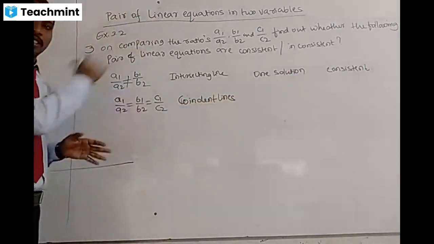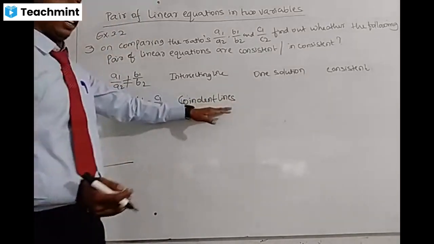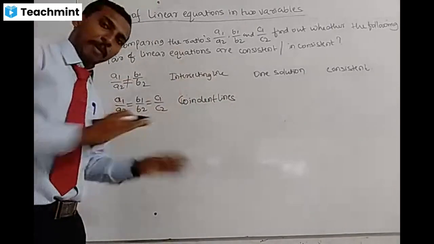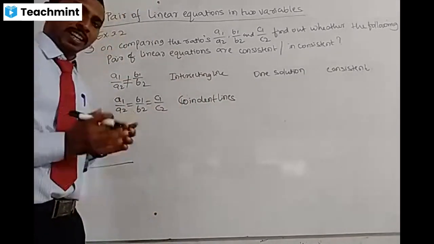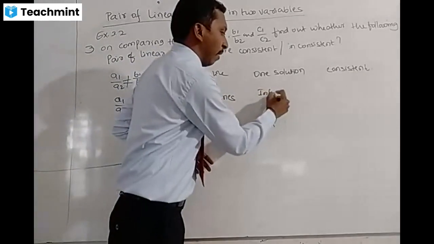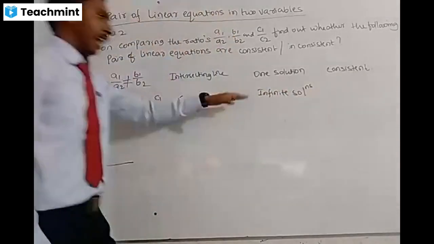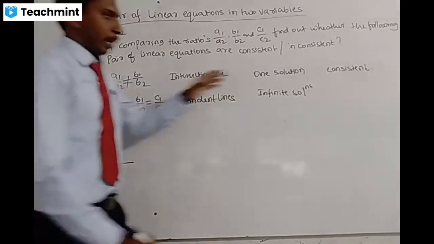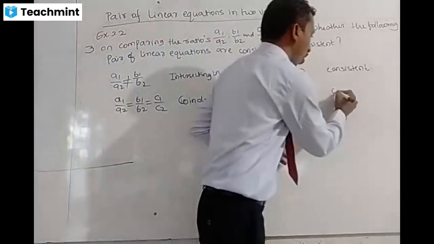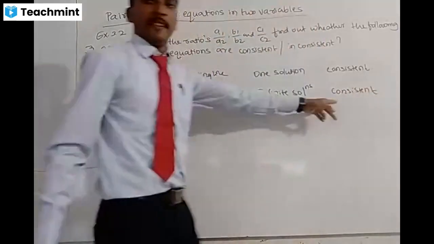We discussed this in the previous class; I am just revising once again. Coincident lines have infinite number of solutions. If it has a solution, then it is called a consistent pair of linear equations.